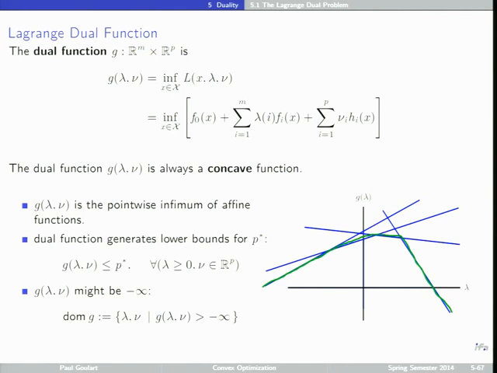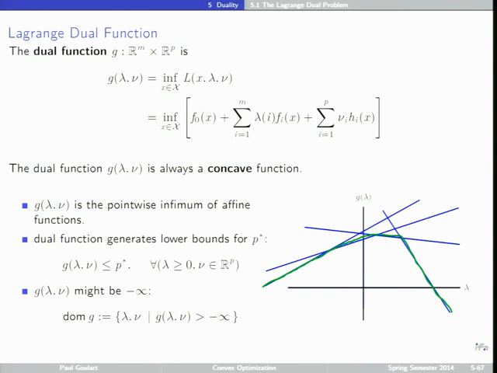So we said yesterday that the pointwise max of a bunch of convex functions is convex. Here I have the pointwise min of a bunch of concave functions, so it's concave. And this turns out to be a nice function to work with because it's concave, and in a moment I'm going to maximize it.